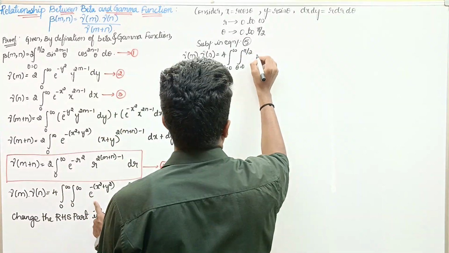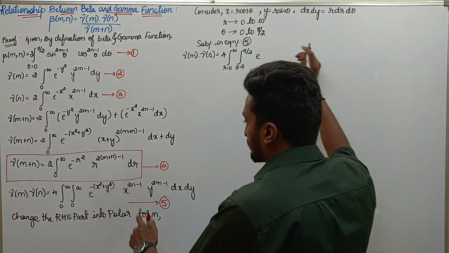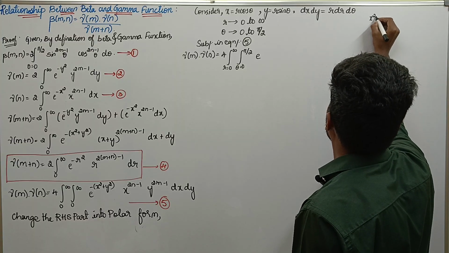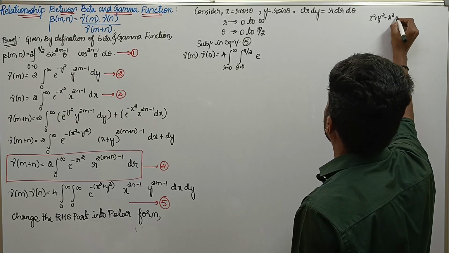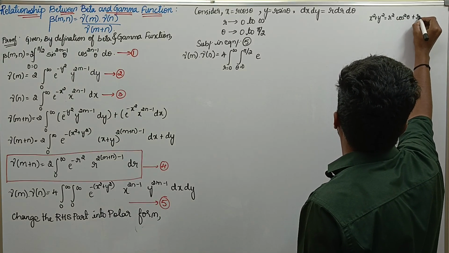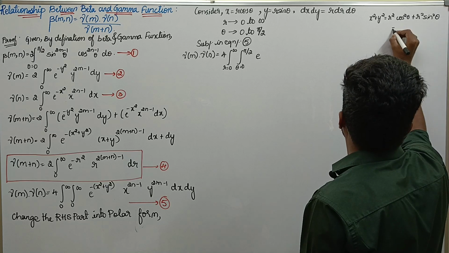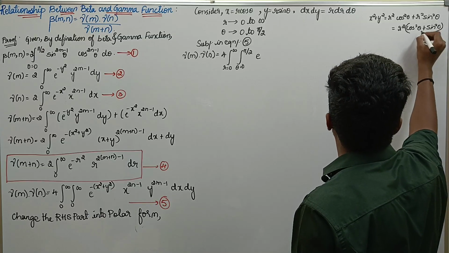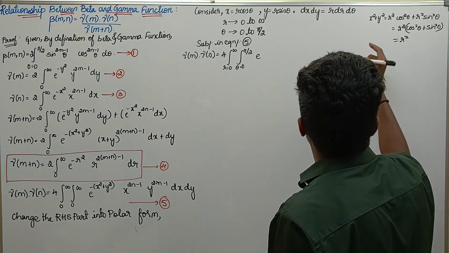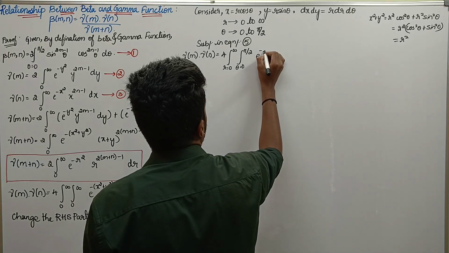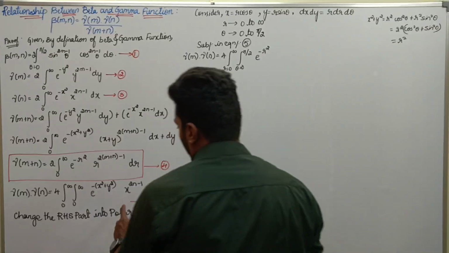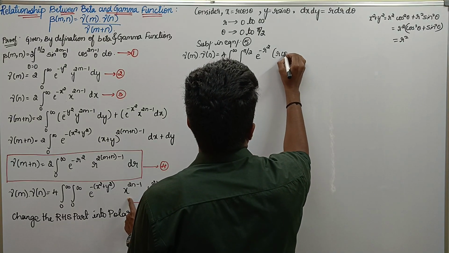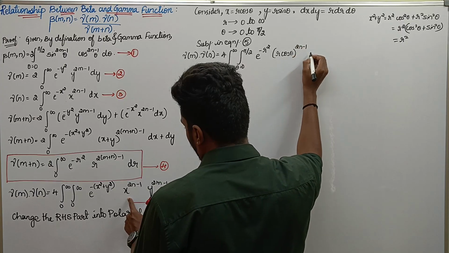Now in place of x square plus y square, if I substitute, that is r square cos square theta plus r square sin square theta, which is equal to r square into cos square theta plus sin square theta. If I take common, cos square theta plus sin square theta is 1, so x square plus y square can be written as minus r square. Next, I need to simplify this: in place of x I need to substitute r cos theta whole to the power of 2n minus 1.